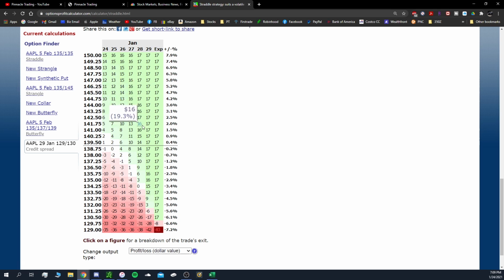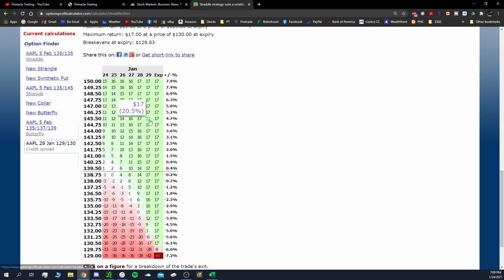And let's say it goes to about 141, we get max profit. Let's say even if it drops to about 135, that's $5 from current price, we still get to keep our profit. As long as it expires over 130, we get max profit. So even the Apple price, let's say it goes to 200 for some reason, we still get max profit at 17 because our max profit and max loss is capped.